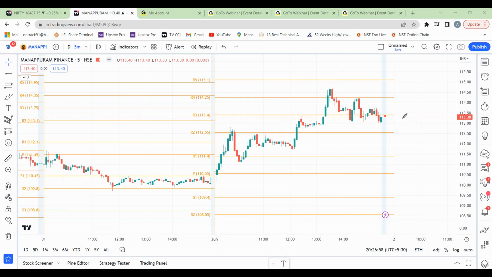So to understand the trend of a stock, whenever the stock trades above the pivots, we assume the stock is on a buy trend. And whenever the stock trades below pivots, the stock will be on a sell trend. This is the basic understanding you need to get the trend of a stock for the day.